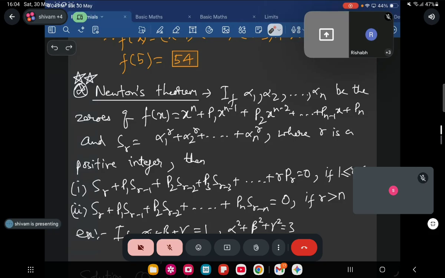How to write this? You always start with Sr, and as you move from left to right, the suffix over here will decrease for S. Like if it is starting with S5, it should be S5 plus P1 S4 plus P2 S3 plus P3 S2 plus P4 S1 plus 5P5.